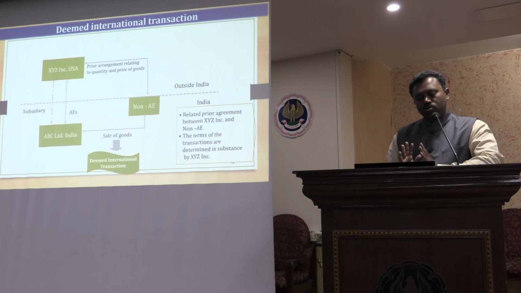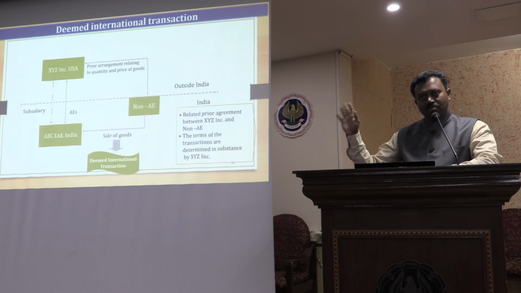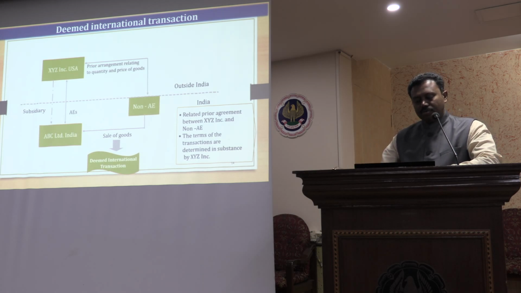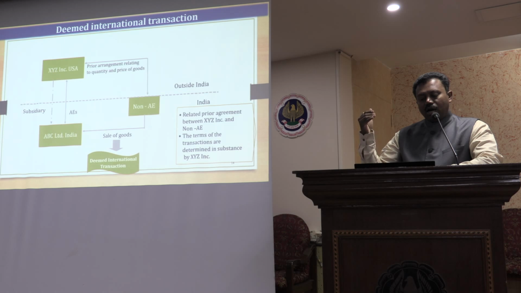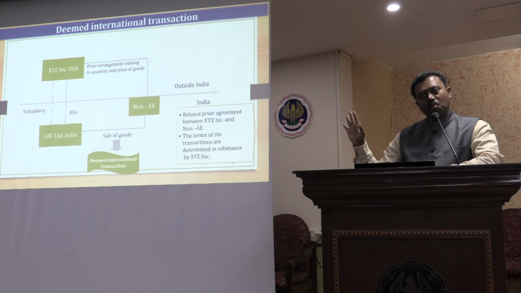It does not belong to this XYZ ABC group. It is PQR, somebody else. And if you see that dotted line, above that is outside India, below that is in India. So in our example, we are trying to say the non-AE is in India only. ABC Limited is purchasing goods from the non-AE. That is, the non-AE is selling goods to ABC India.